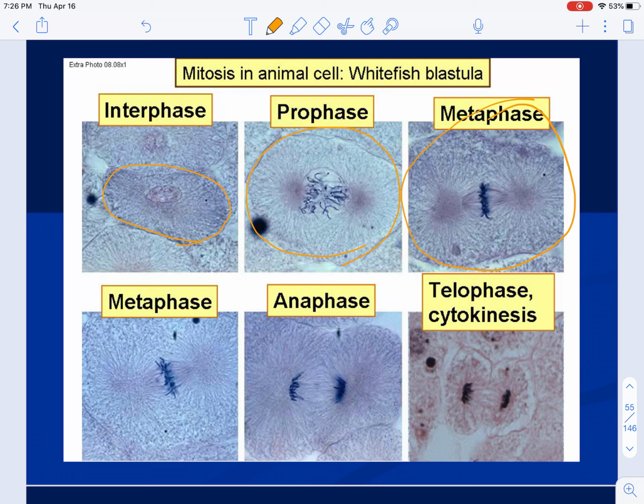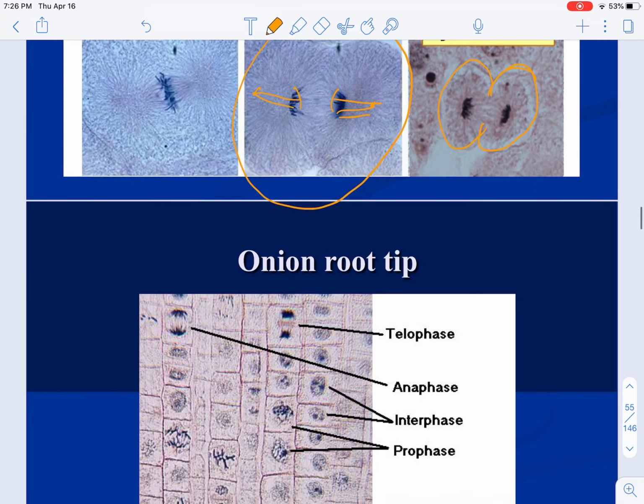In metaphase, you'll see the dark band down the center because they're lining up down the center. In anaphase, they're pulling apart by spindles, so you don't see the spindles here, but spindles somewhere are grabbing the two sides of the chromosome and pulling them apart. And then in telophase, you see the two cells pinching into two.